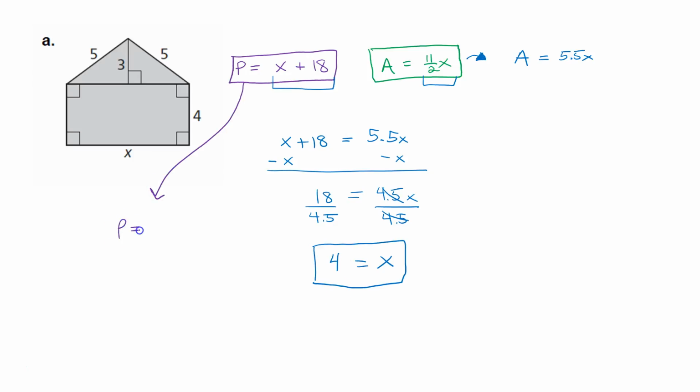So the perimeter is 4 plus 18, which is 22 feet, if these are feet. And the area is 5.5 times 4, which is 22 square feet.